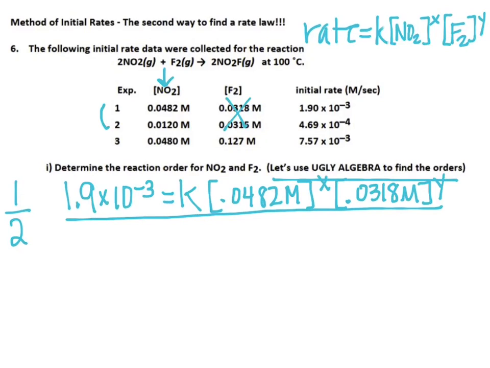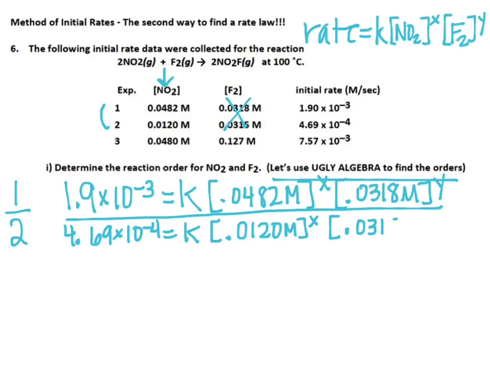I am going to put that all over the rate law for experiment 2. So that's going to be 4.69 times 10 to the minus 4 is equal to k times 0.0120 molar to the x power times 0.0315 molar to the y power.